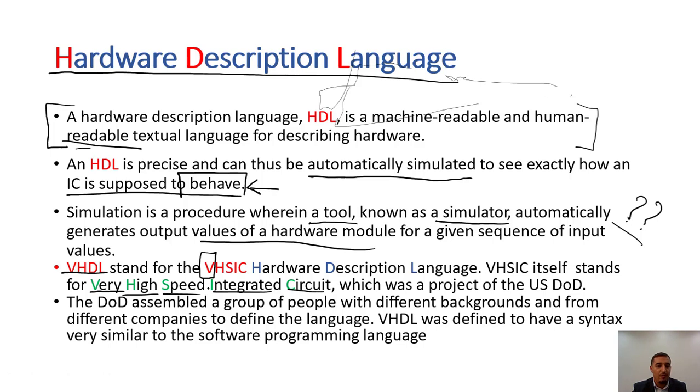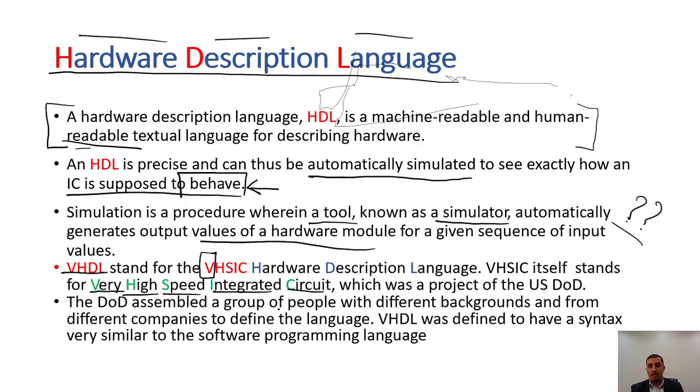So if you want to put the name in full, it's very high speed integrated circuit hardware description language, VHDL. But instead of saying VHSIC HDL, which is a very long name, we call it VHDL. So V is short for very high speed integrated circuits.